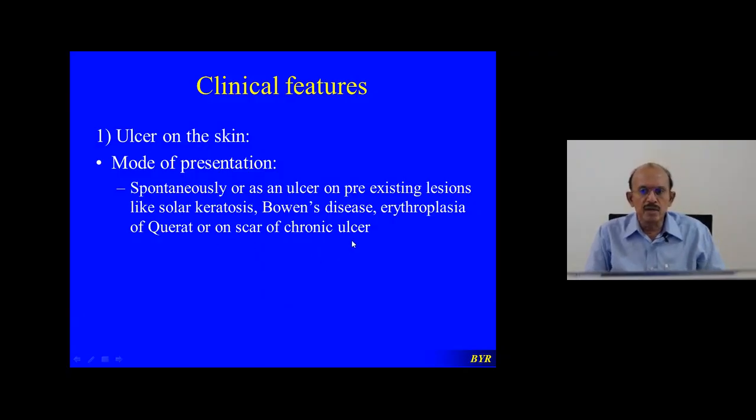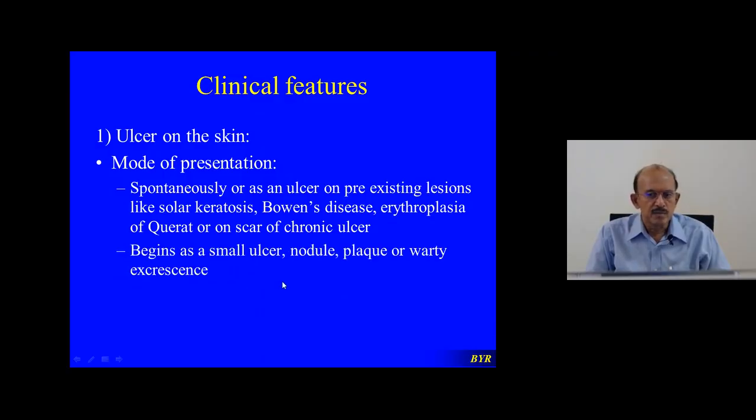So in any of these previous lesions, an ulcer develops, or over normal skin also it can develop. It begins as a small ulcer, nodule, plaque, or warty excrescence, and gradually grows in size and eventually manifests as one of two types.